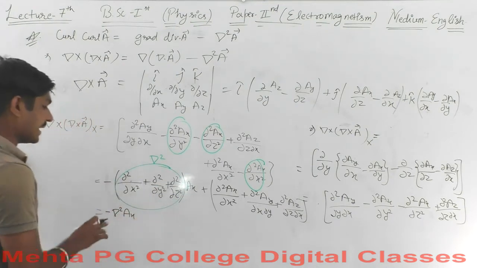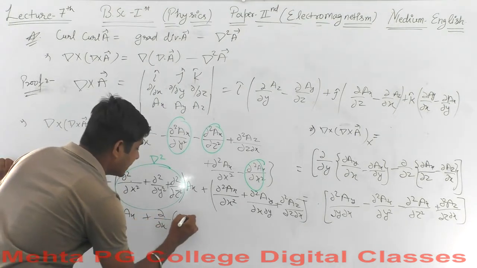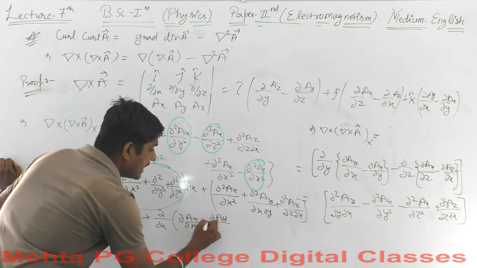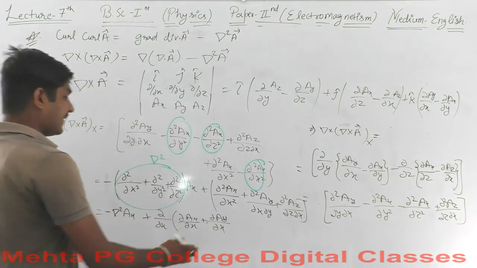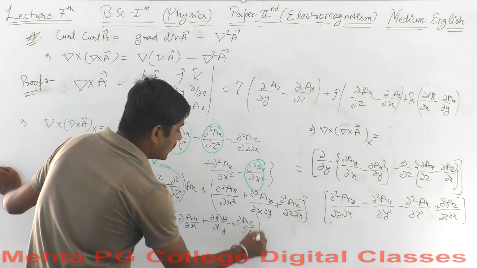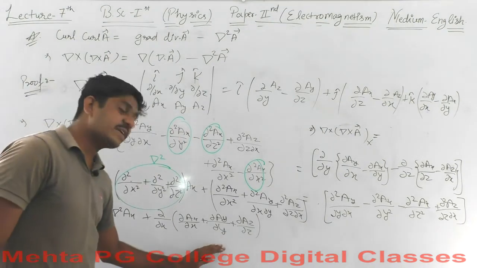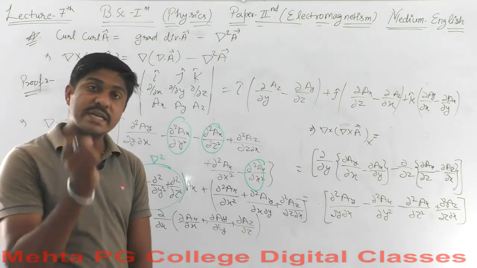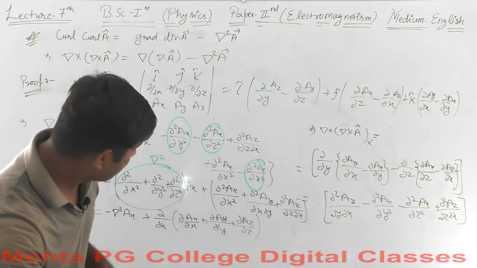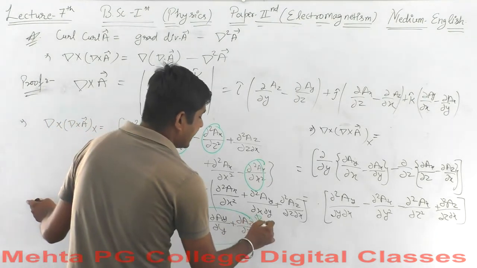Minus del square Ax, plus ∂/∂x outside, and what remains is ∂Ax/∂x plus ∂Ay/∂y plus ∂Az/∂z. So that remains. So what does this quantity equal? Remember the divergence, we calculated the divergence here. This quantity will be equal to del dot A vector.